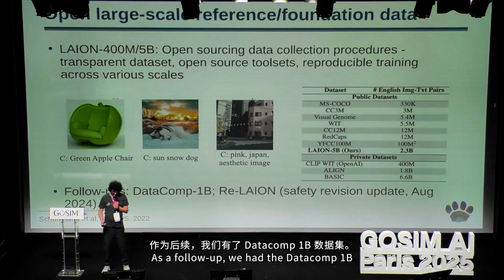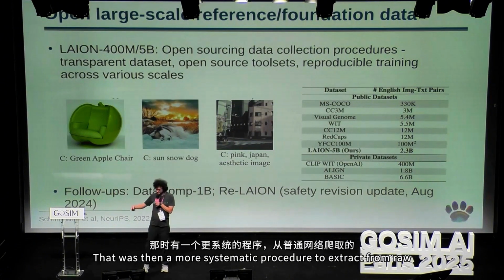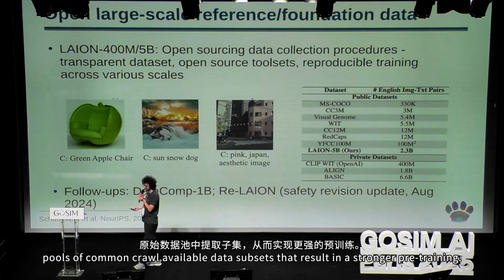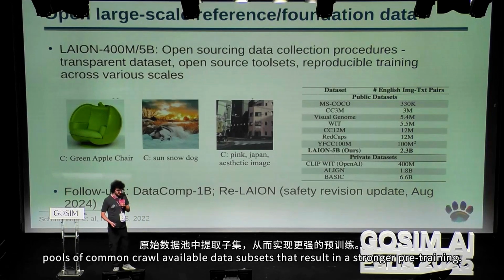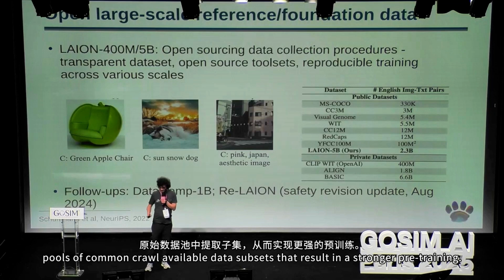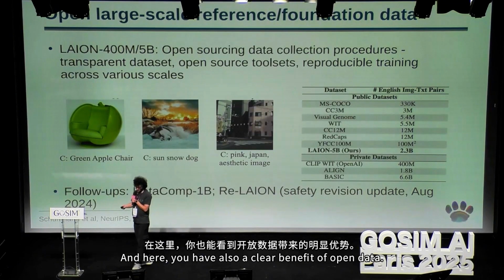As a follow-up, we had DataComp 1B. That was then a more systematic procedure to extract from raw pools of Common Crawl available data subsets that result in even stronger pre-training. And here you also have a clear benefit of open data.